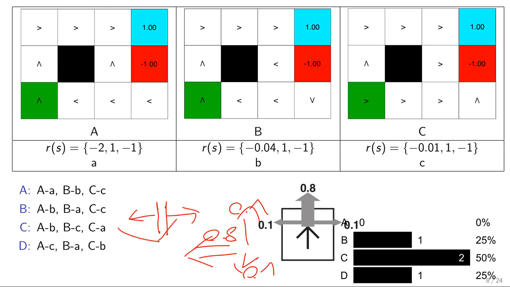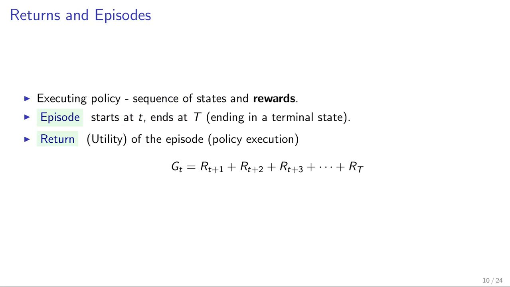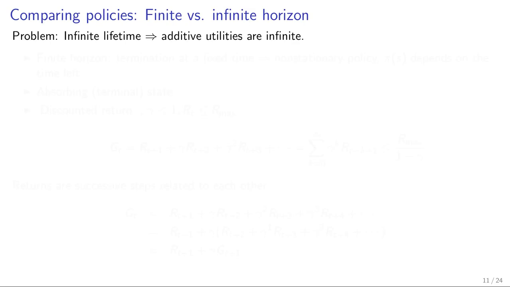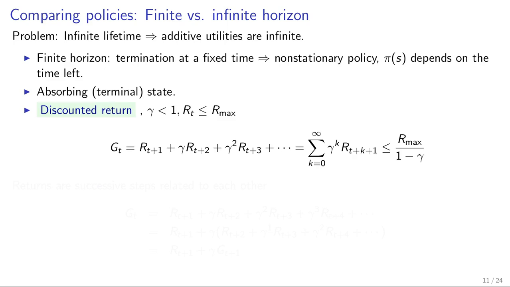But for this to work out, we need to introduce an additional thing, which is that we will have to discount the rewards. So what does that mean? That means that the rewards in the future will count less. They will be discounted by a factor gamma.